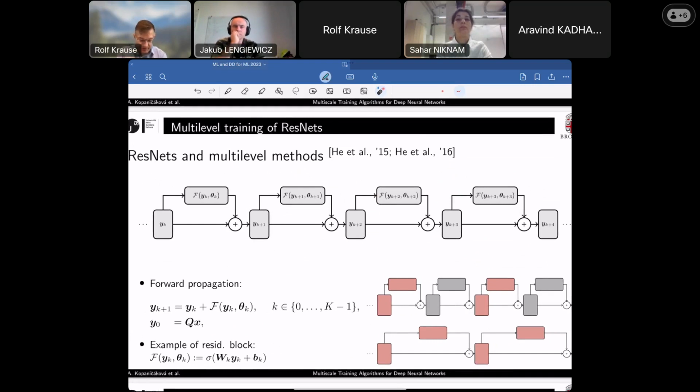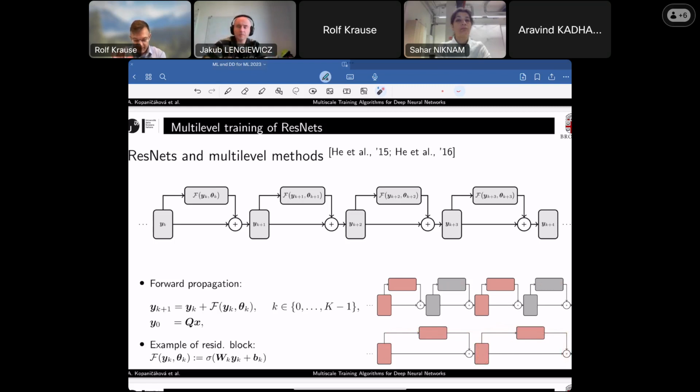And then you can skip each second block in your ResNet and just build a ResNet which has in principle the same architecture, but for example, half of the blocks.